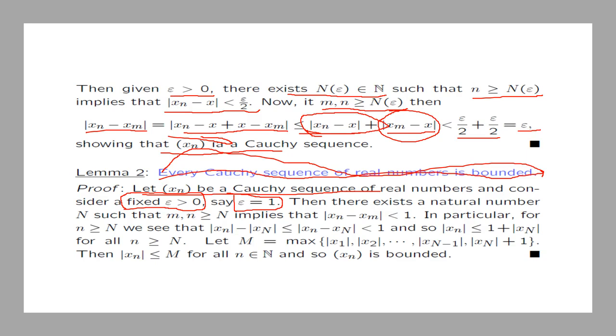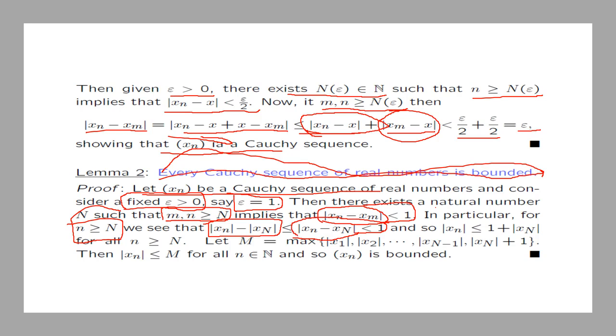Then, since xn is a Cauchy sequence, there exists a natural number N, such that if small m and small n are bigger or equal to that N, then the distance between xn and xm is less than 1. In particular, for n bigger or equal to capital N, we see that the difference between the magnitude of xn and xN will be less or equal to the distance between xn and xN, and we already know that this is less than 1.